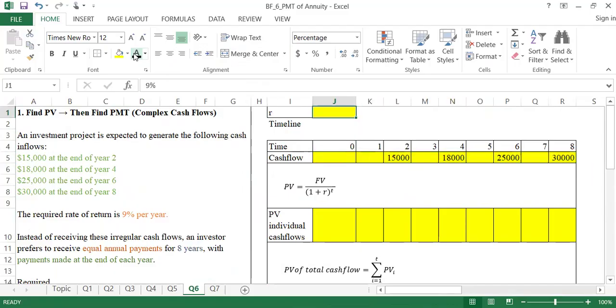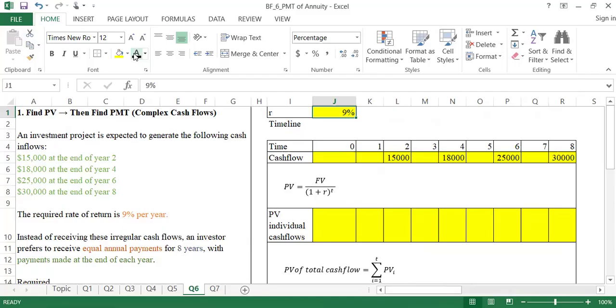At an interest rate of 9%, when we have an irregular cash flow stream, we can divide them into separate cash flows and then find the present value of each of them individually.